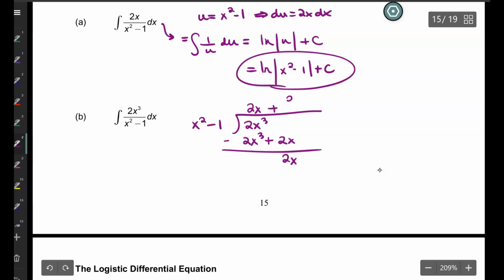So then plus 2x over x squared minus 1. So this whole thing, probably should have given you a little bit more room, can be rewritten as the integral of 2x. Let me put this all in parentheses just so I remember. So 2x and then plus 2x over x squared minus 1 dx.